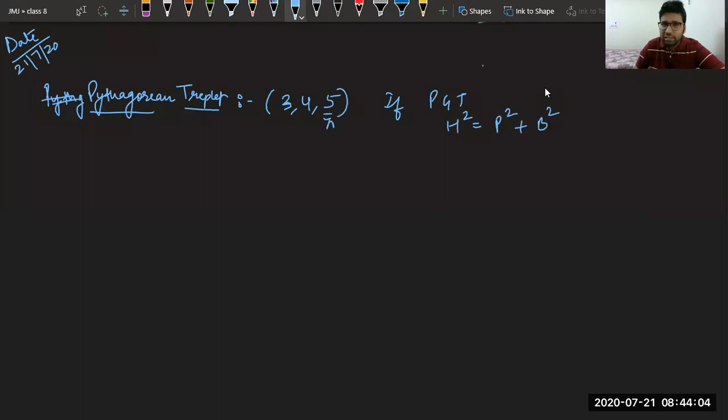In this case, the longest side, the hypotenuse, 5 square, is equal to 3 square plus 4 square. As it is correct, we can say 3, 4, 5 form a Pythagorean triplet.